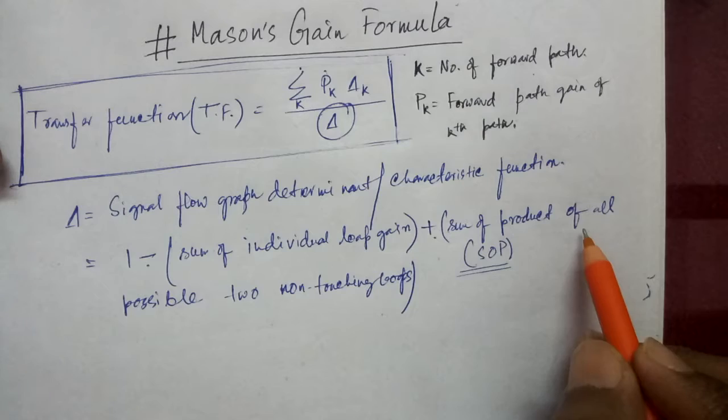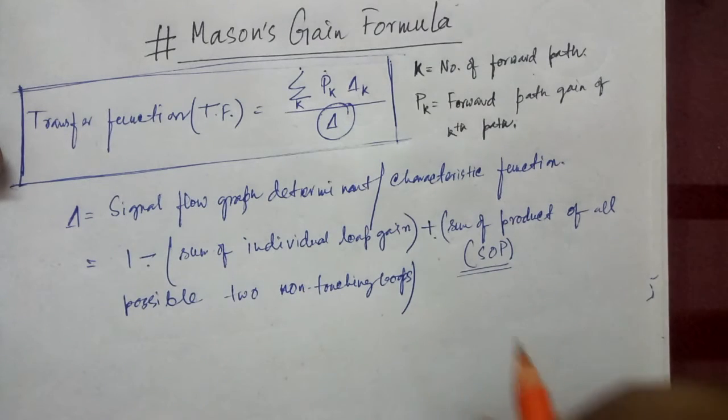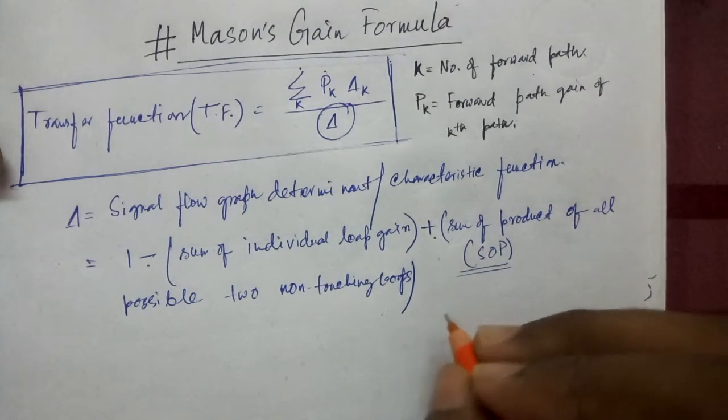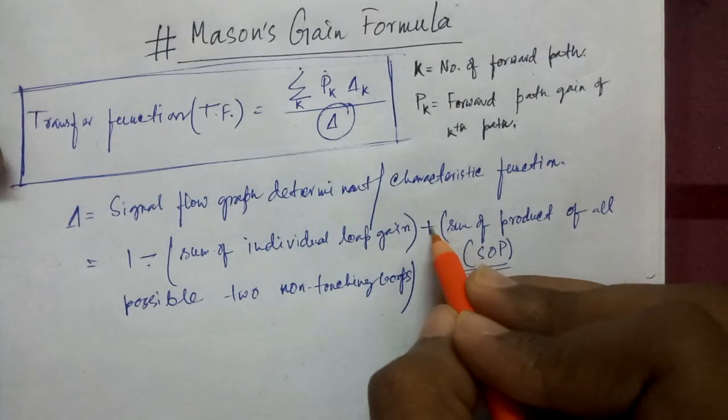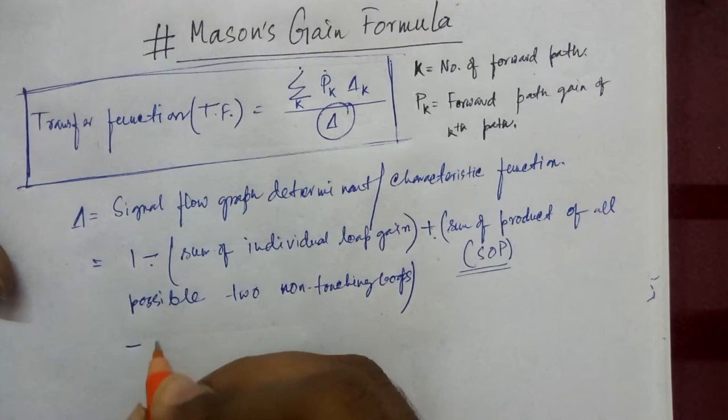The sum of product of all possible two non-touching loops, and then minus.